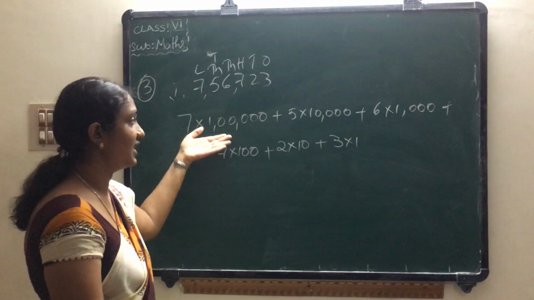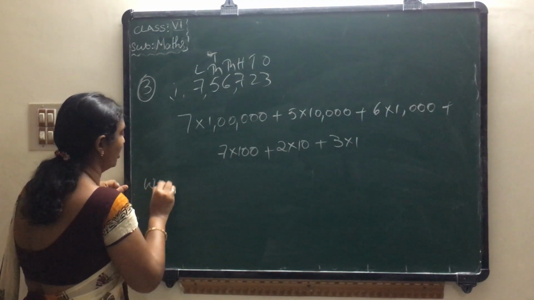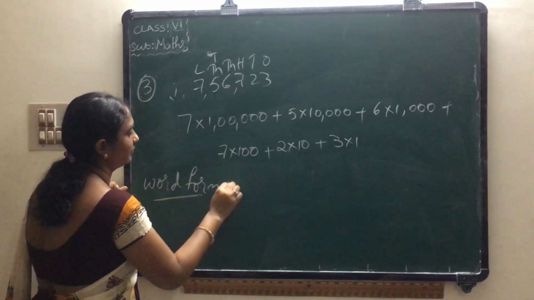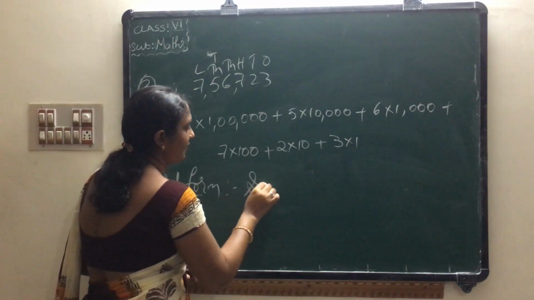Now, for this number we had to write in word form also. So, write in word form. See, 7 is in which place? Lakhs place.